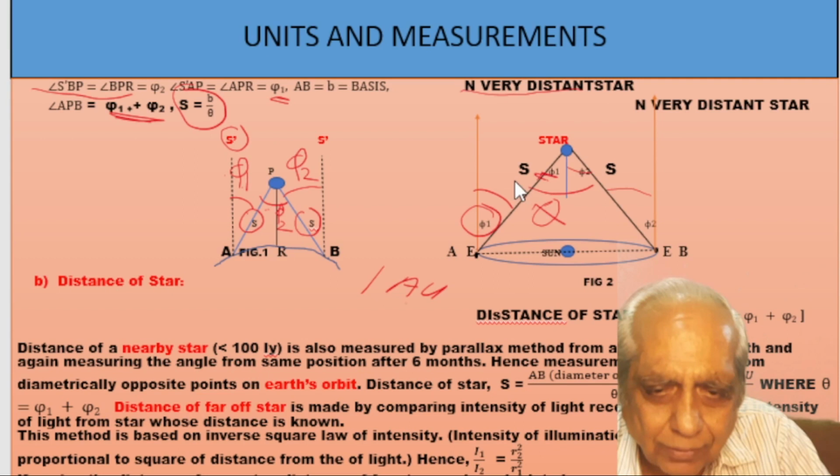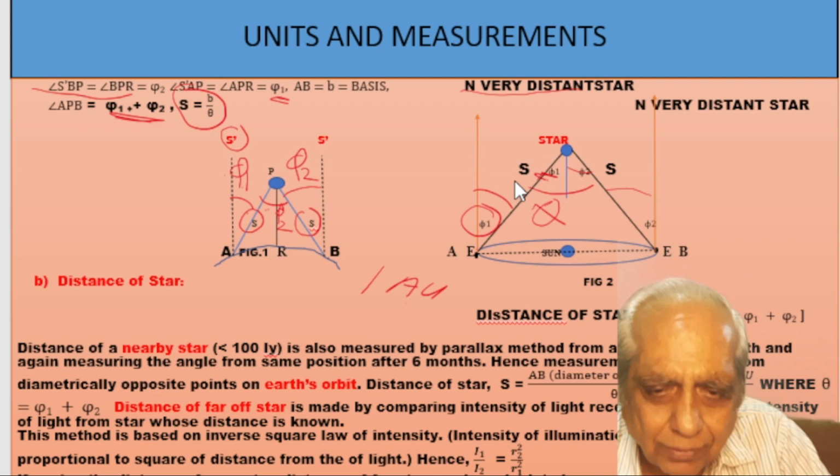S is equal to 2 AU upon theta. So what is my S in this case? S is equal to 2 AU, which is nothing but the basis, divided by theta.